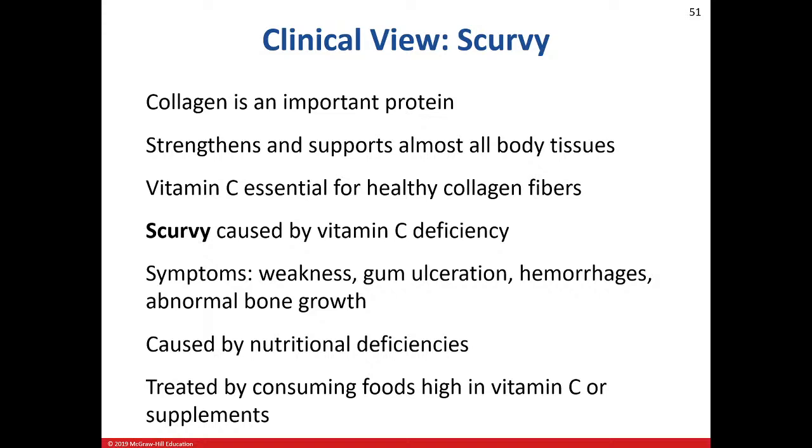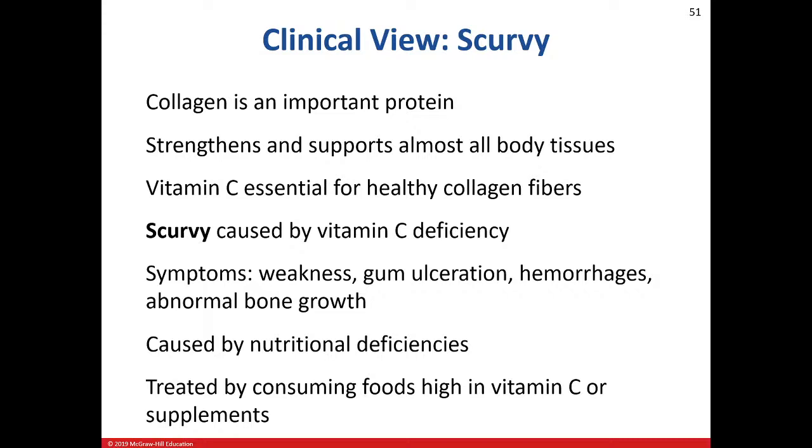All right, so here's the clinical view for scurvy. Collagen is an important protein, and it strengthens and supports almost all of the body's tissues. Vitamin C is essential for healthy collagen fibers. Vitamin C is a cofactor used to make collagen. And so scurvy is caused by a deficiency of vitamin C. It was common among pirates and sailors who would be, in the 17 and 1800s, out at sea for several months eating nothing but biscuits.